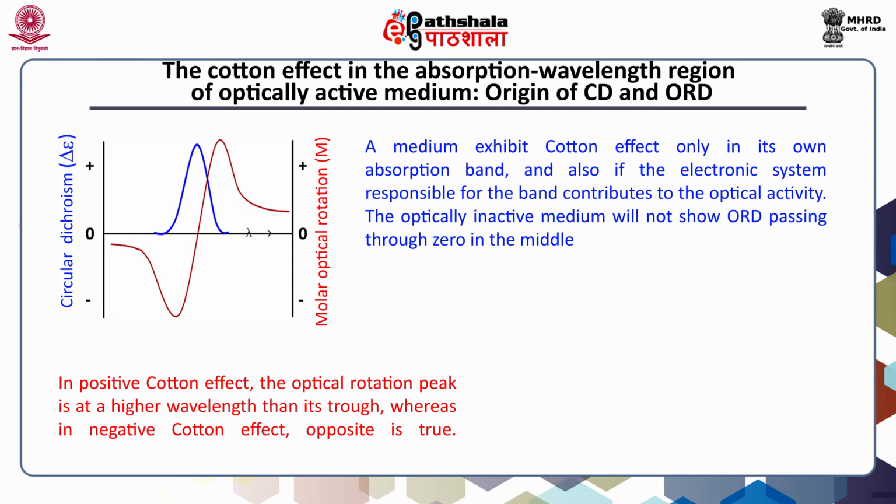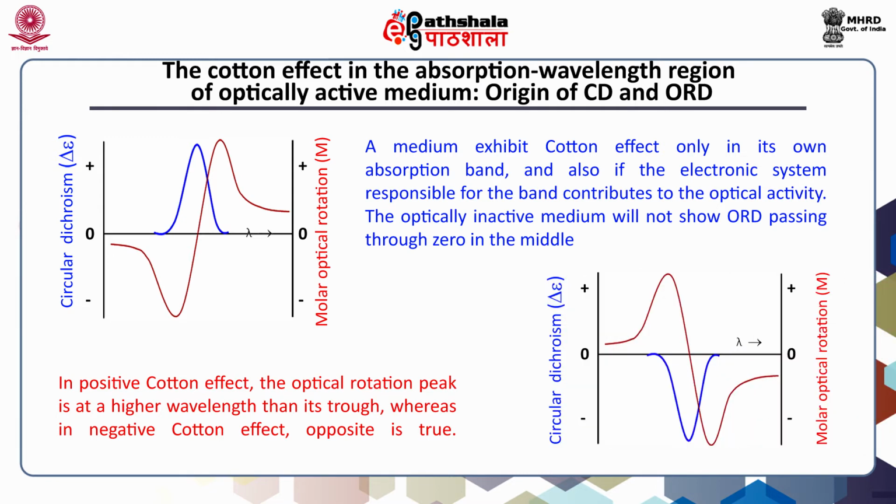It keeps decreasing further, reaches the trough, and then again starts increasing. So this is the Cotton effect. We know it as the Cotton effect. And the isomer of the same molecule for which these spectra were recorded is shown on the right side bottom. So if you see these two, they look like mirror images of each other.